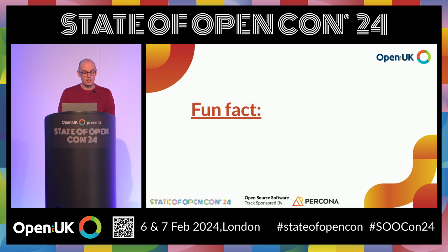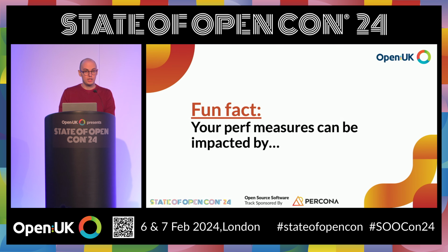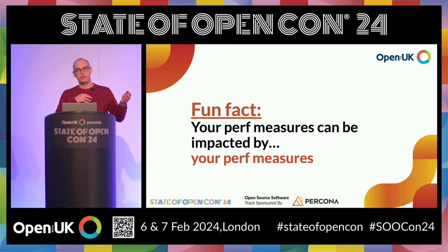Also, fun fact, your performance measures can be impacted by your performance measures themselves. This is a fun one, I think. For example, if you use Android Studio to profile memory usage in your app, it will actually increase the memory usage in your app. Let that sink in.